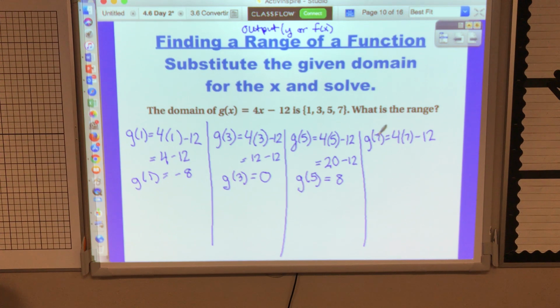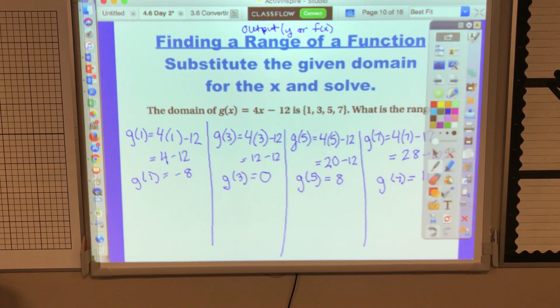G of 7 means 4 times 7 minus 12. Well, 4 times 7 is 28 minus 12. So g when x is 7 is 16.